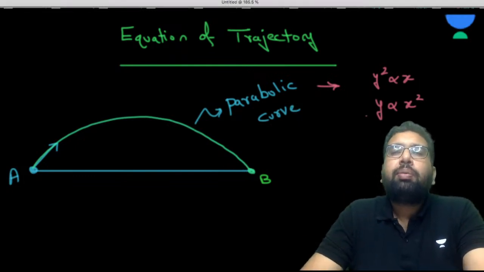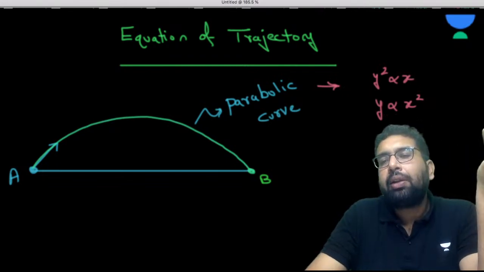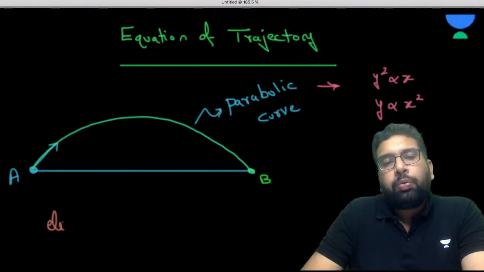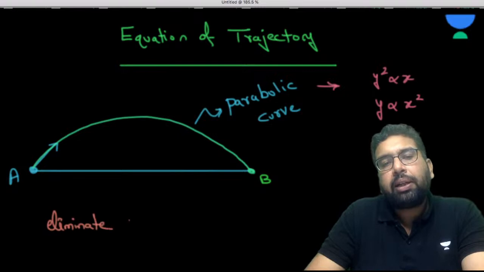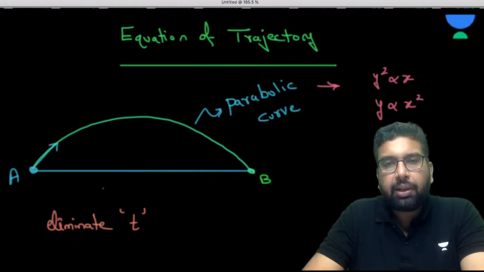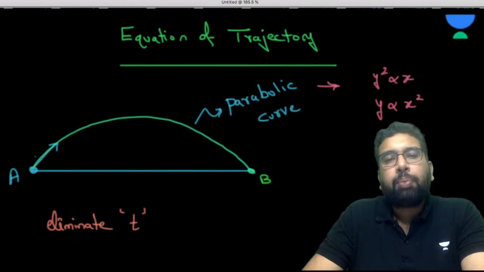I want to develop the relationship between displacement in y and displacement in x. So I have to eliminate t. If we are able to eliminate this t, then only we'll be able to derive the problem properly.